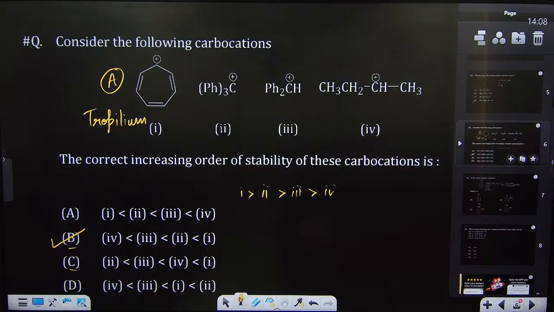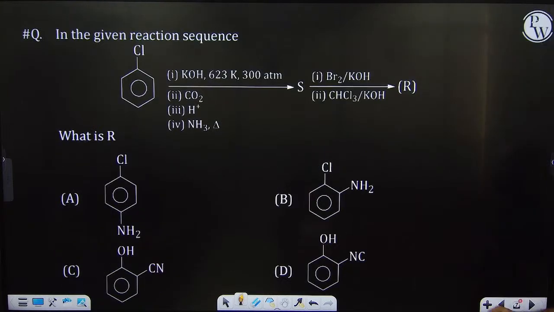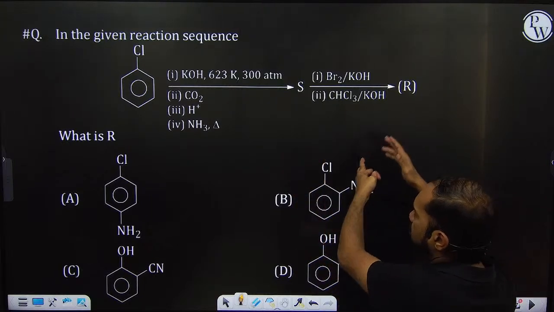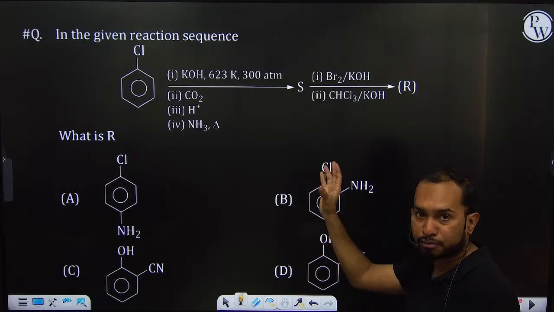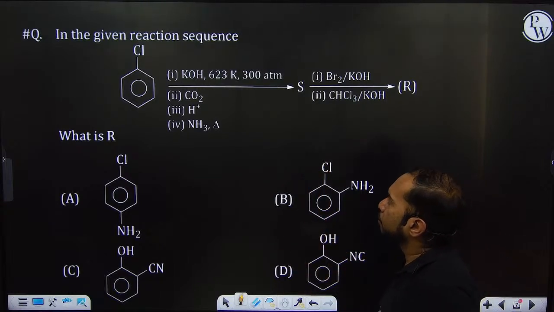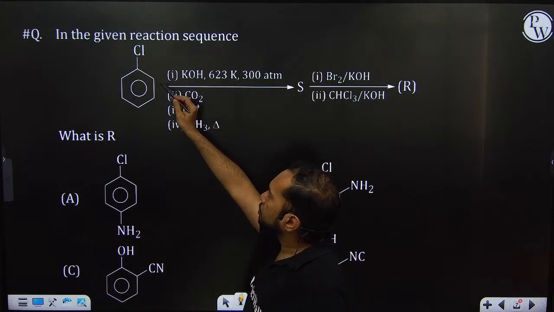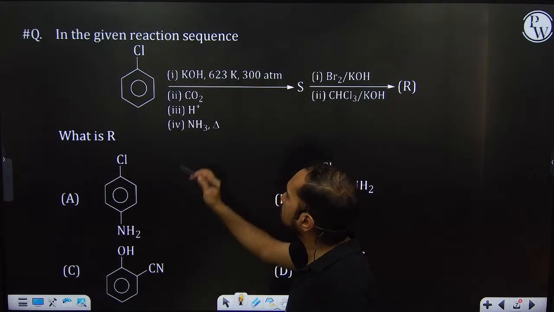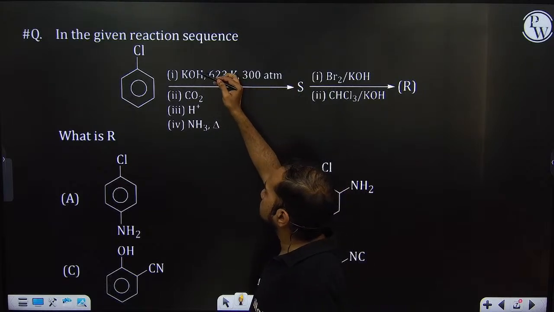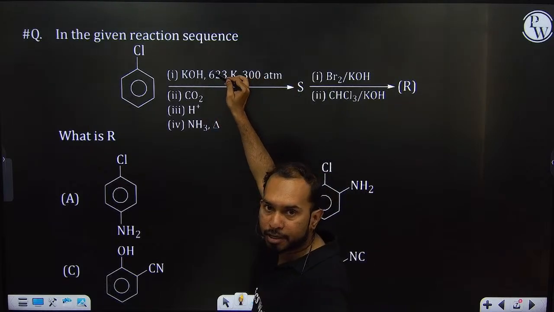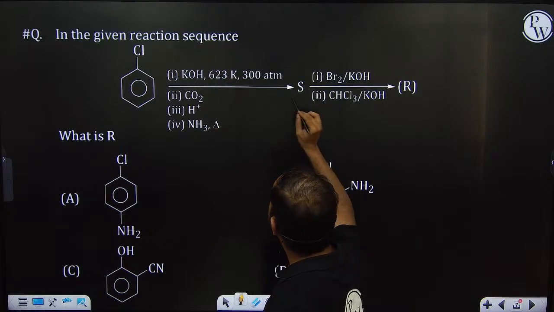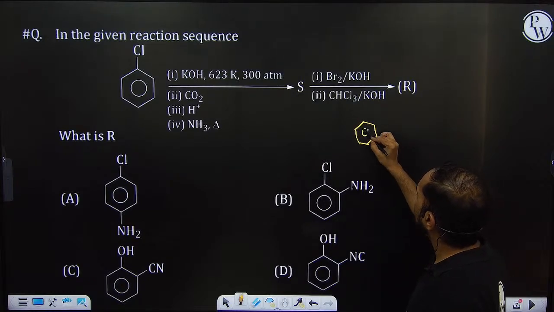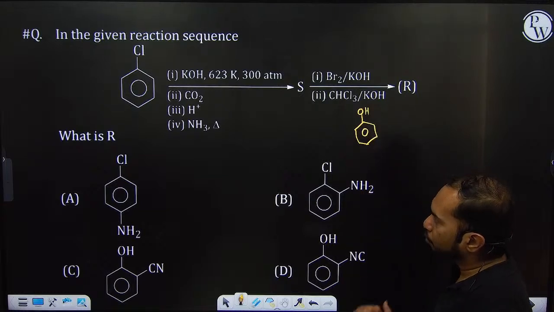Okay, let's look at the other question. Next question. A series of reactions is given. Let's look at the first reaction. Chlorobenzene is reacted with KOH under high temperature. It will convert to phenol.